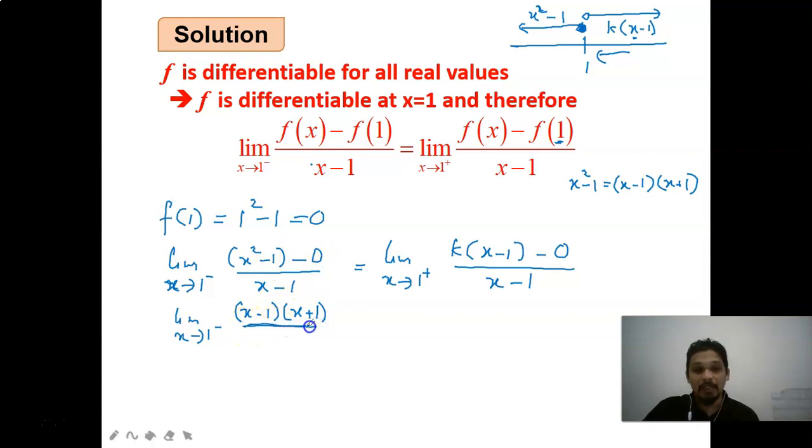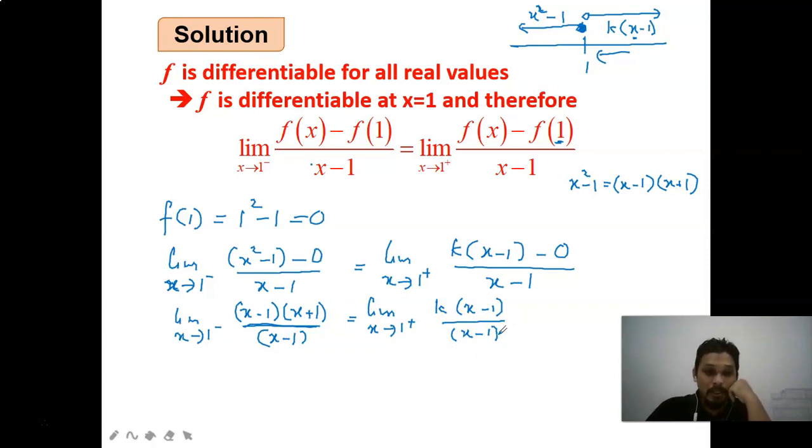Okay, and divide by x minus 1, equal to the limit x approaching 1 from the right of k times x minus 1 divided by x minus 1.